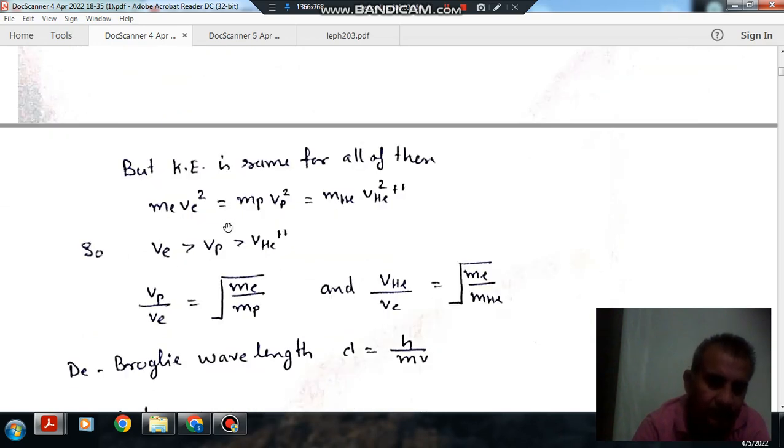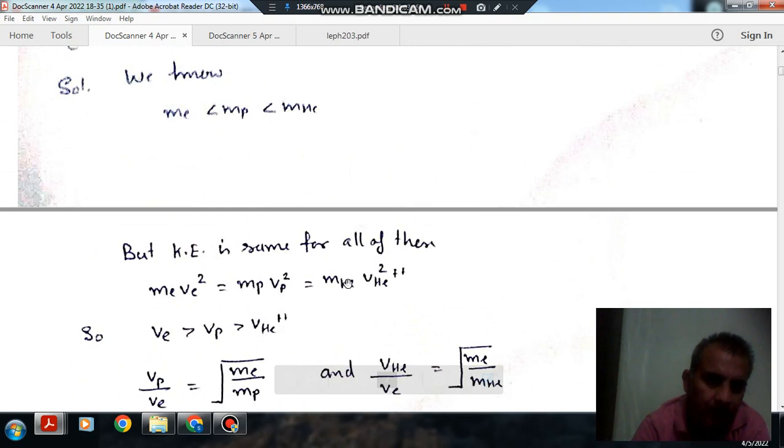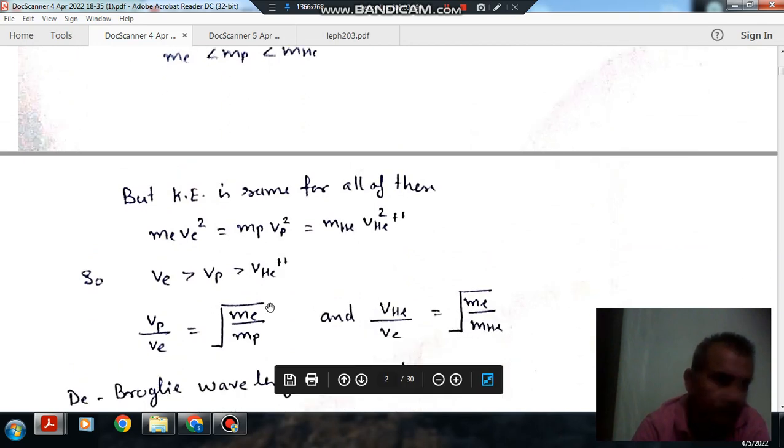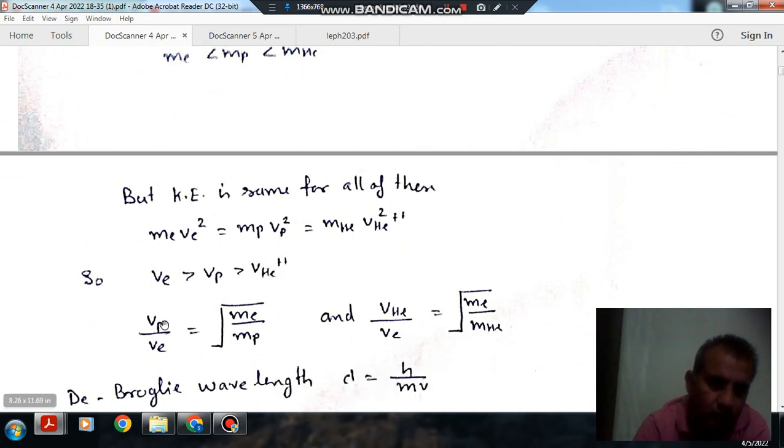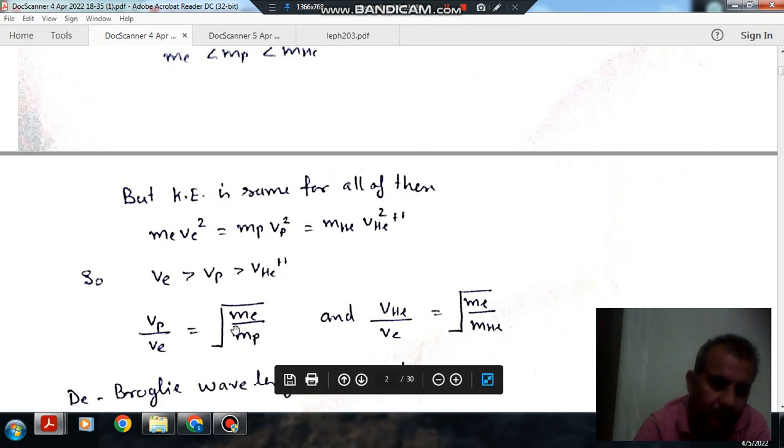As me is less than mp is less than m He, ve is greater than vp, which is greater than v He++. So the ratio of vp by ve is root of me by mp, and the ratio of v He by ve is root of me by m He.